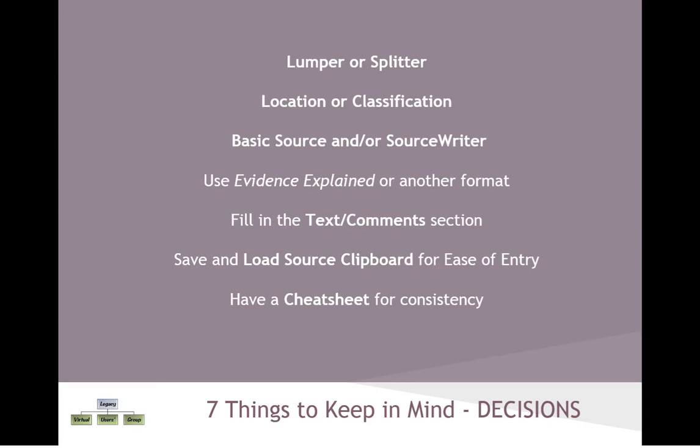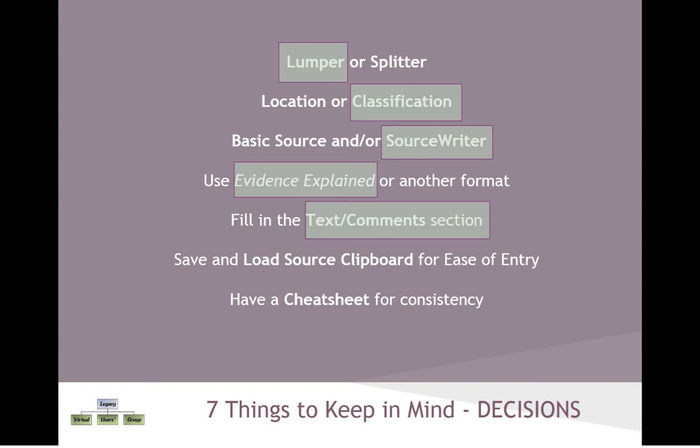So as you can see, I made a decision that I'm a lumper. I made a decision that I work with classifications of documents better than location. I made a decision that I wanted to work with SourceWriter, and I use Evidence Explained. I do fill in the text in the comments section for my benefit so that I understand what the class of documents is as well as how I do my data entry.